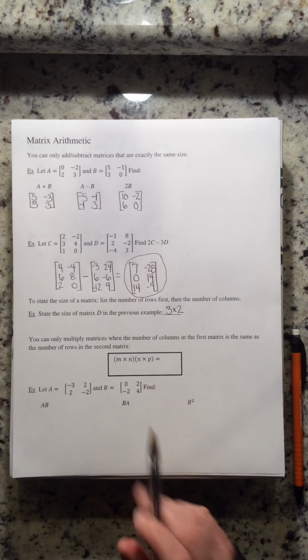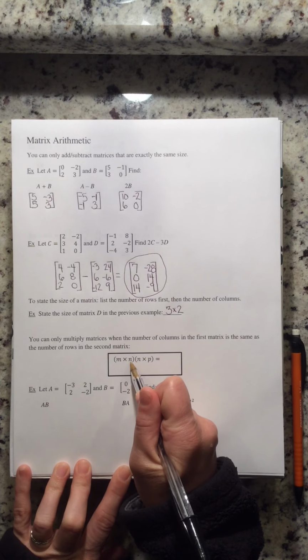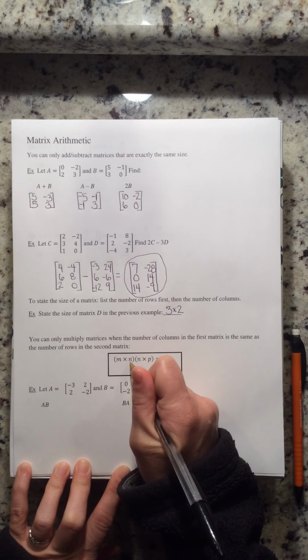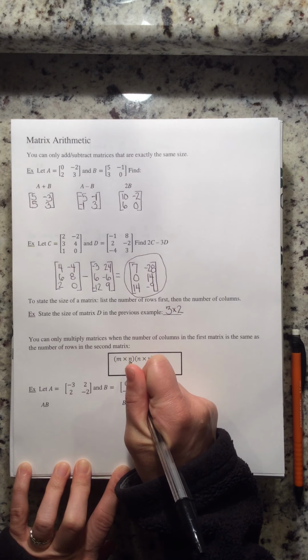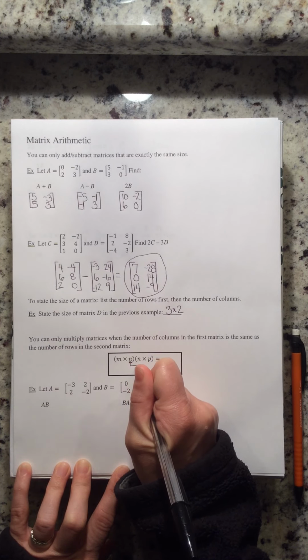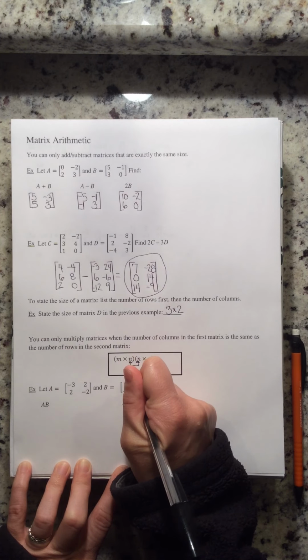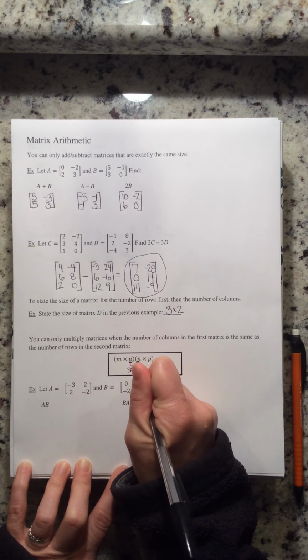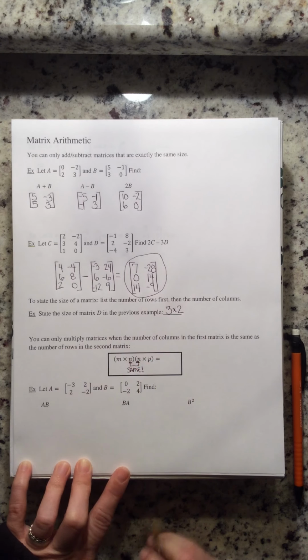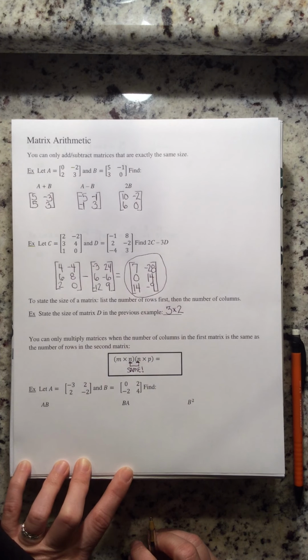What I want you to notice is that the first matrix had n columns, so the number of columns in the first matrix was the same as the number of rows, n, in the second matrix. And because those are the same, that's what tells us that it's okay to go ahead and multiply the matrices together.